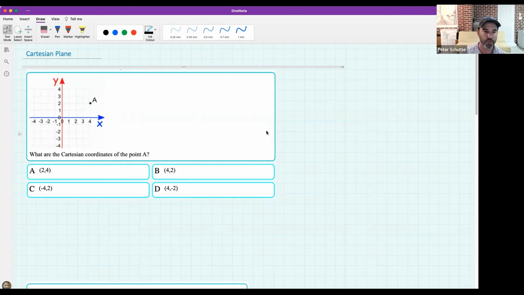So which of the 4 options is correct? Think about this. What is this in line with, and what is this in line with?